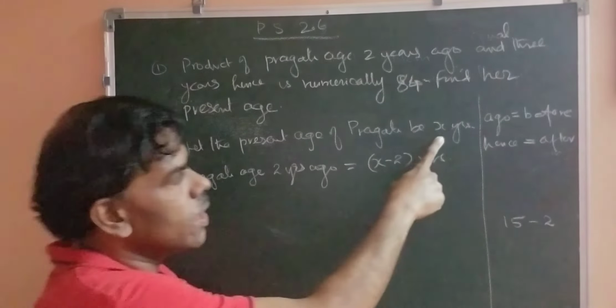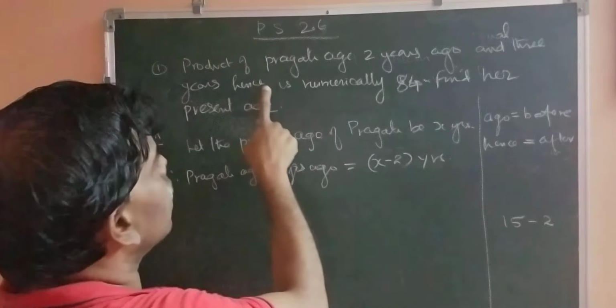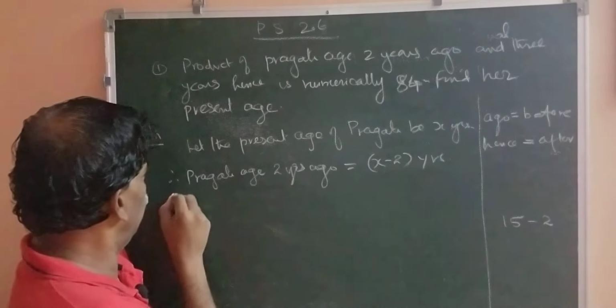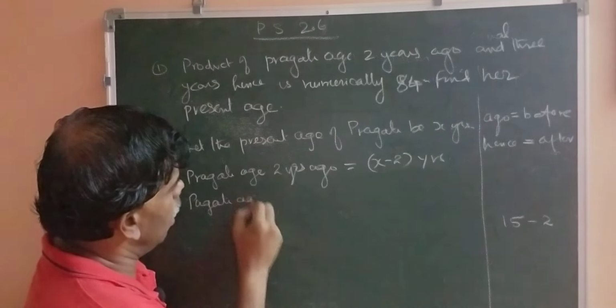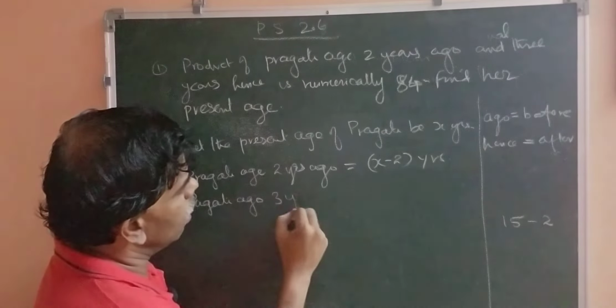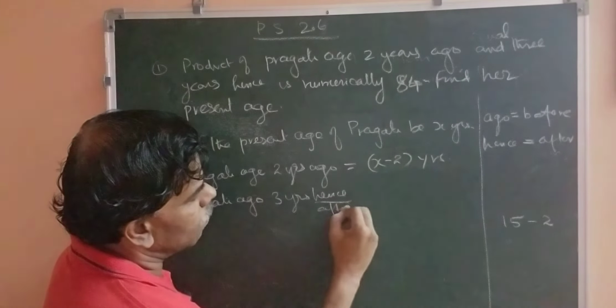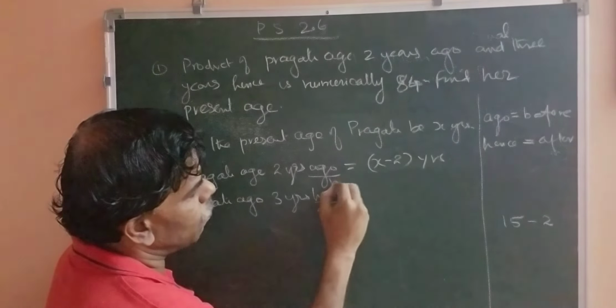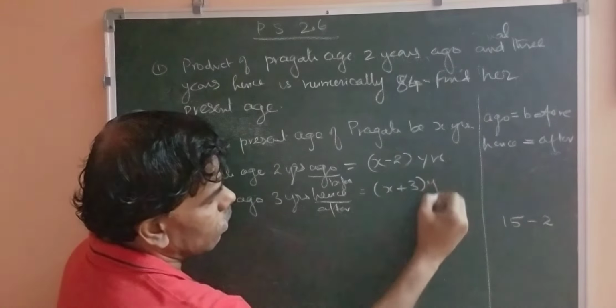Now her age is X years. See here, 3 years hence, after 3 years. Therefore, Pragati age 3 years hence. Hence means after. Ago means before. So X plus 3 years.